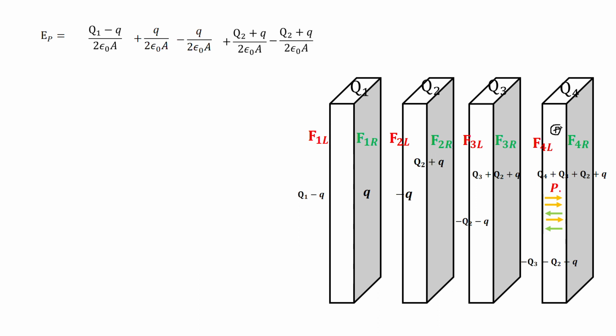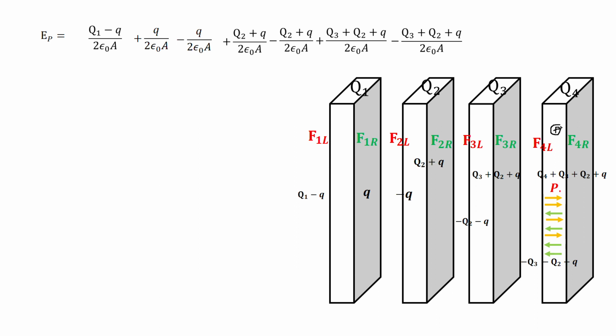Likewise, for Q3 plus Q2 plus Q, the electric field will be towards right. It will push the charges towards right, and the electric field will be Q3 plus Q2 plus Q divided by 2 epsilon naught a. Similarly, for minus Q3 minus Q2 minus Q, the electric field will be towards left, so the electric field will be minus times the charge divided by 2 epsilon naught a.